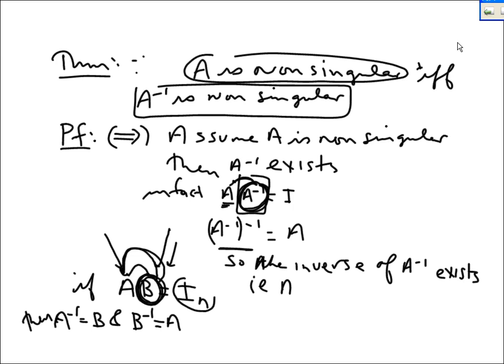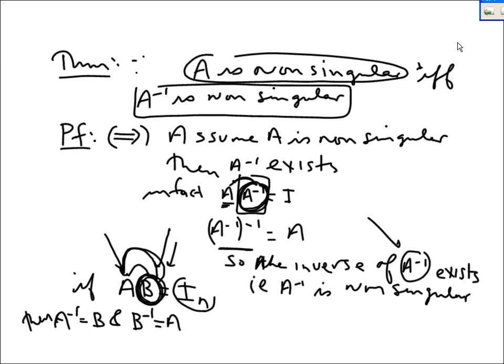That is, A inverse is non-singular. If a matrix, whether it's A inverse or Q, has an inverse, then that matrix is non-singular.